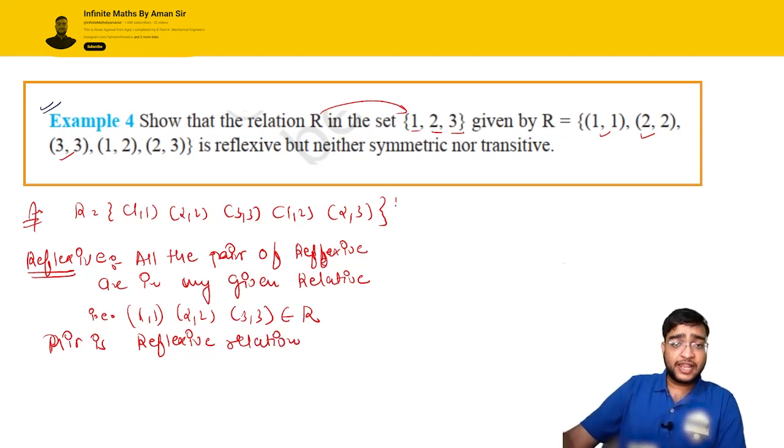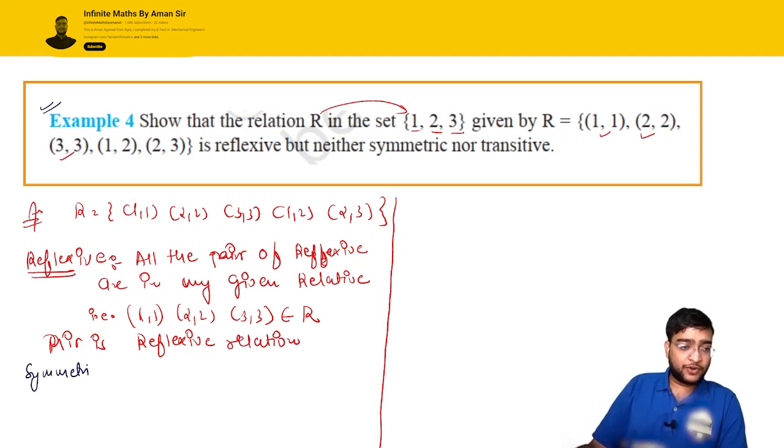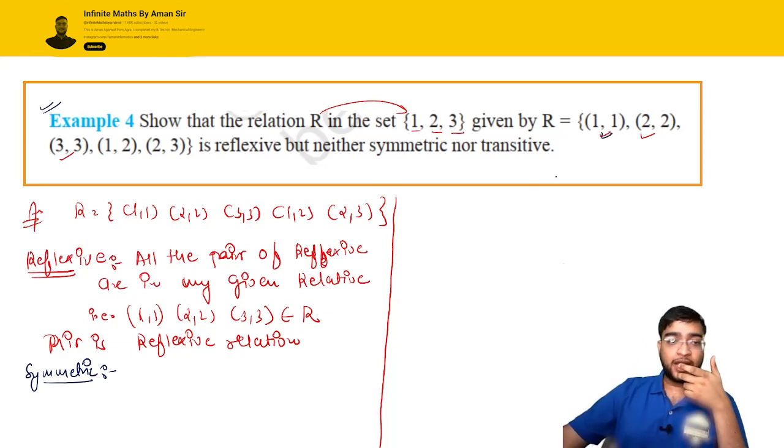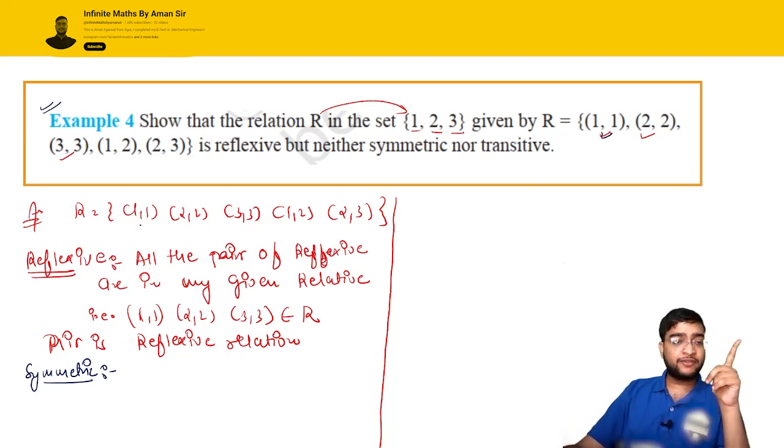Okay sir, let's take the symmetric one here. What is a symmetric relation? I can just find one pair whose reverse is not in the relation. If I take the pair 1,1, is its reverse there?